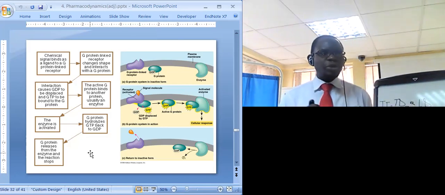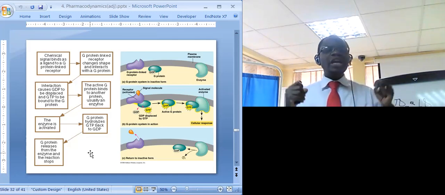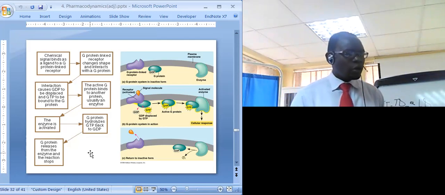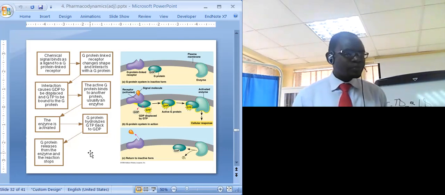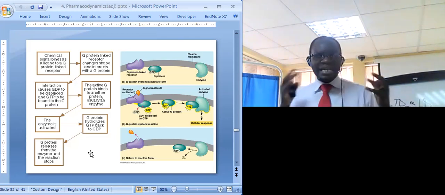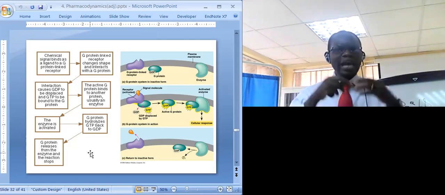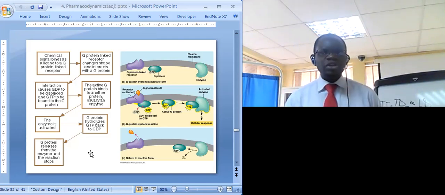Because of that energy, it forces the GTP to go and bind to the enzyme, usually a protein. And once it binds, we have a series of cellular responses, or reactions, that might be required for us to get a response.